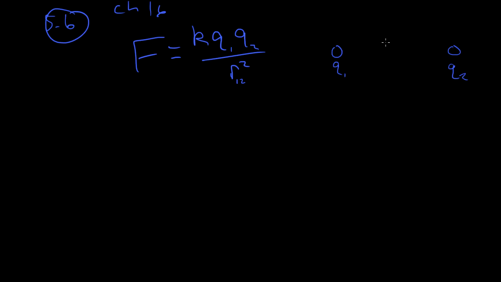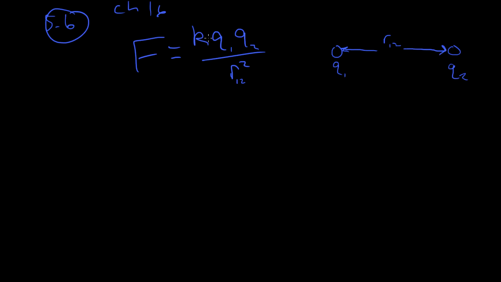The force is equal to K times the first charge times the second charge, over the separation distance squared. So here's our situation. We have Q1, we have Q2, and R1,2 just separates them.